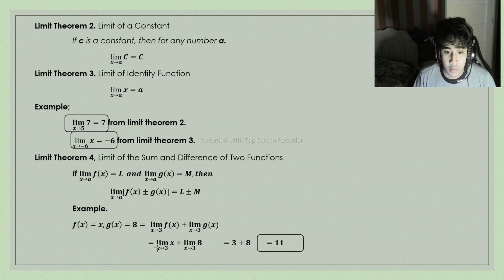So substitute natin yung value ng f of x, and we will have limit of x as x approaches 3, tapos substitute din natin yung g of x which is 8. So limit of 8 as x approaches 3. Unang sagot natin dito, limit of x, substitute natin yung 3 sa value ng x, and that will give us 3.